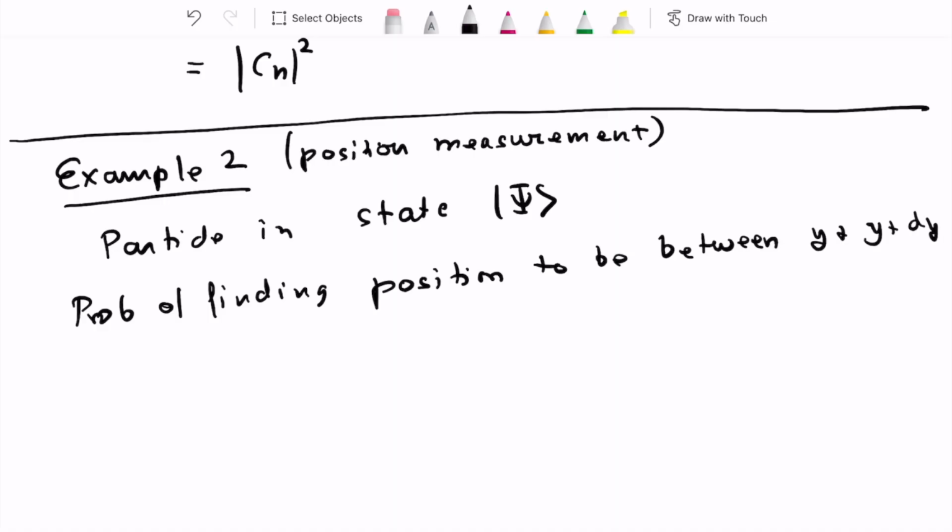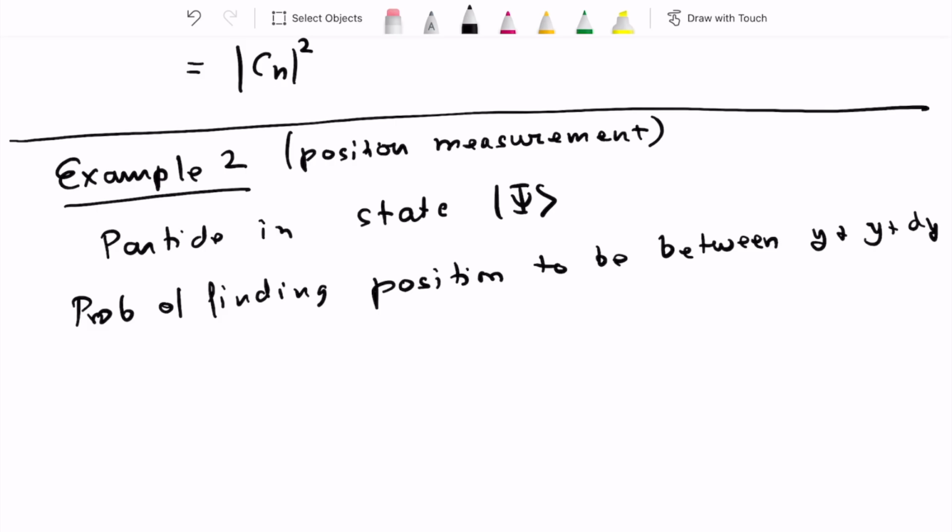As I said before, for a continuous variable, the probability of measuring the position to be exactly y, up to infinite precision, is going to be 0. You can only meaningfully talk about measuring the position to be within a certain range, and so we're making this range infinitesimally small. So let's jump straight to the general statistical interpretation and see if we get a sensible answer.